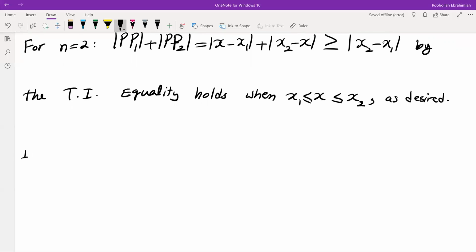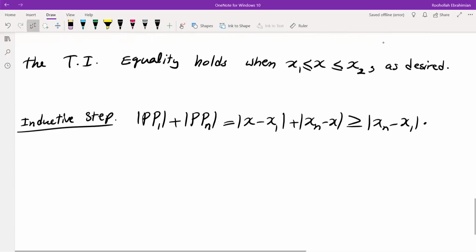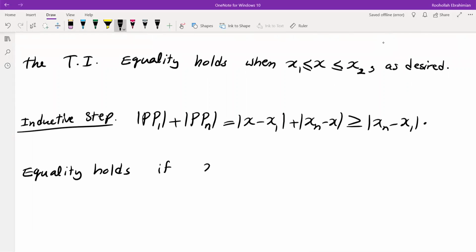Okay, so what we know is that PP1 plus PPn is x minus x1 plus xn minus x, which is greater than or equal to xn minus x1. And the equality holds if x is between x1 and xn.